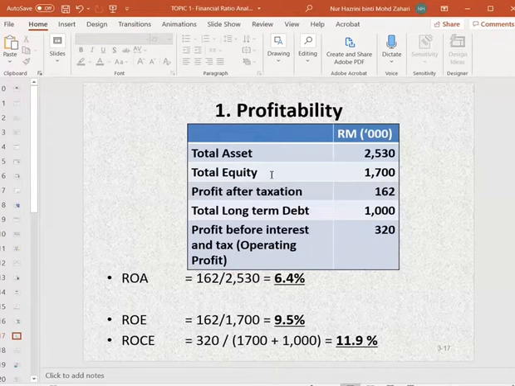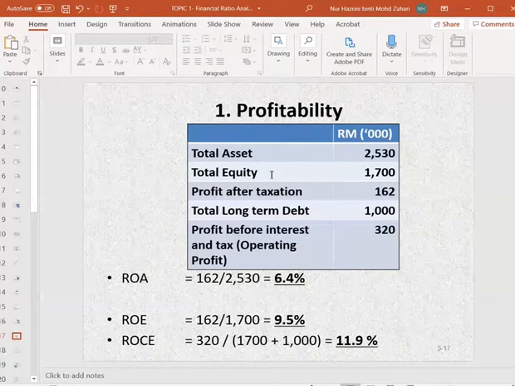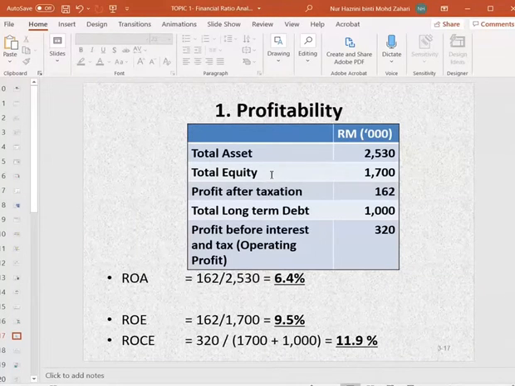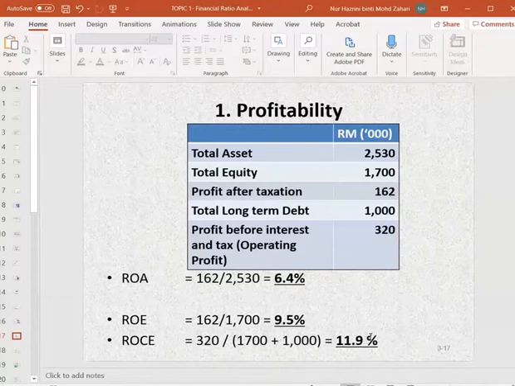These are two ways for the company to get financing to start the business. When they issue shares, they get the money they use to start the business. They can also issue debentures, or get long-term debt, to finance the business. That's also one of the ways to raise capital. So here we get 11.9%, also presented in percentage.